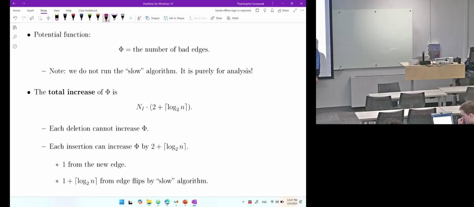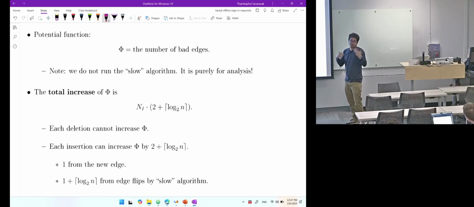Yeah, Guy. Why is that bounded by the number of flips that we can do with the fast algorithm? If the fast algorithm cascades through the whole graph but the slow algorithm only flips log n, why aren't all the edges flipped by the fast algorithm bad? Right now we are not trying to say that the number of flips by the fast algorithm is small in the worst case. There can be times when the fast algorithm actually flips so many.